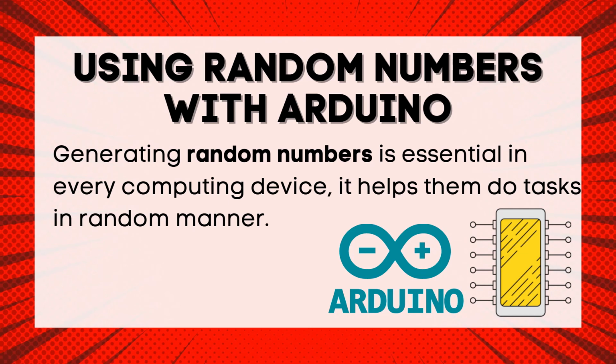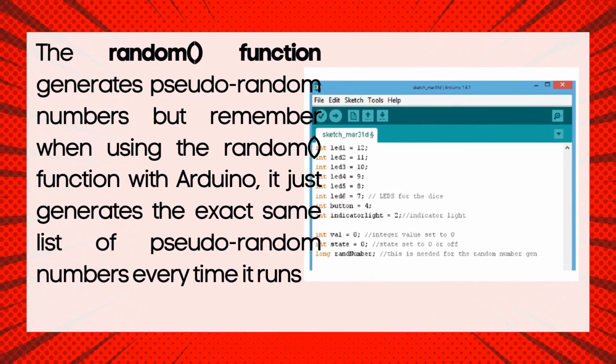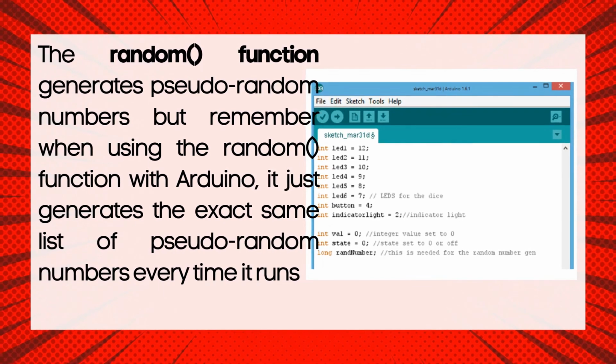Generating random numbers in Arduino is quite a task. The closest you get in an Arduino is mimicking randomness using pseudo-random numbers. Pseudo-random numbers are generated using an algorithm that produces numbers that appear to be random, but actually follow a sequence.